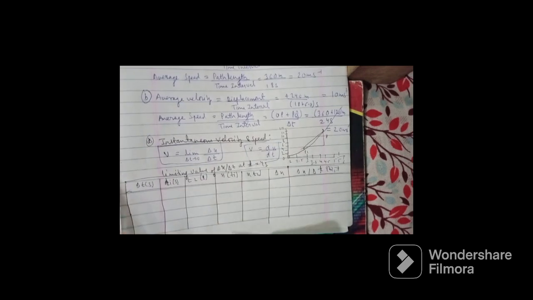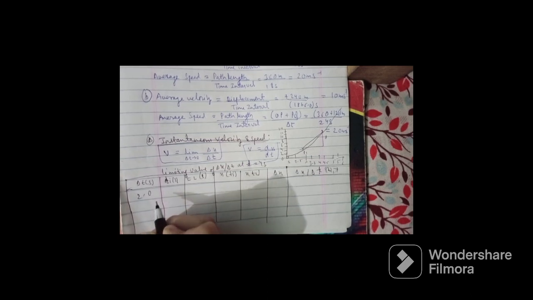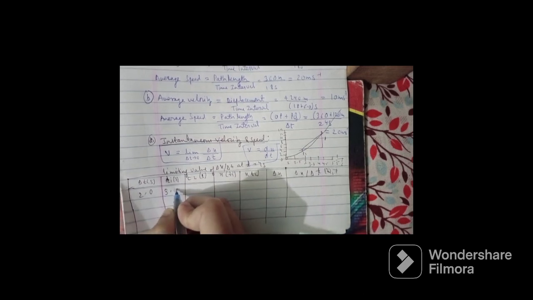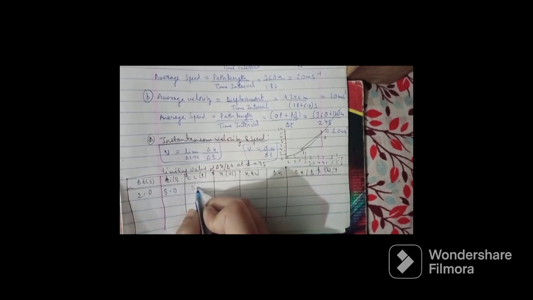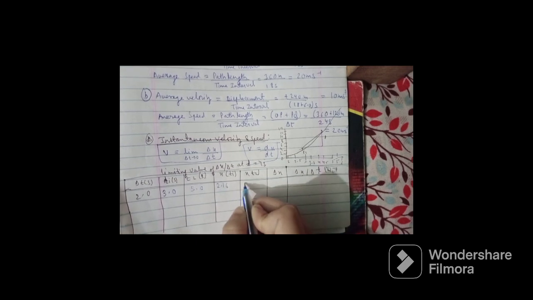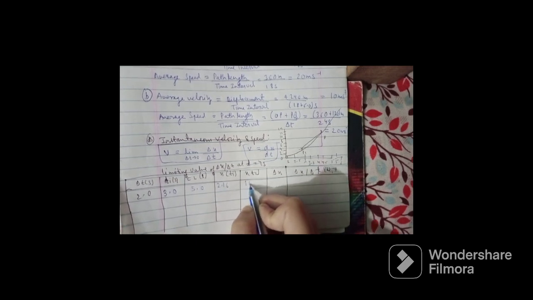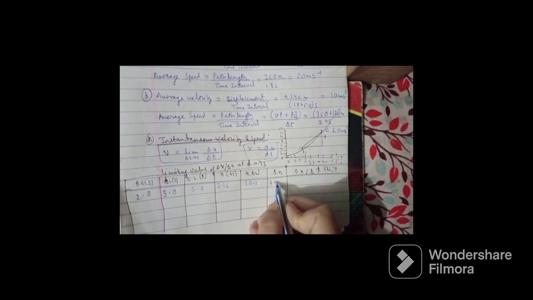When delta t is 2, t1 is 3, t2 is 5, x(t1) is 2.16, x(t2) is 10, and delta x is 7.84, where delta x by delta t is 3.92.